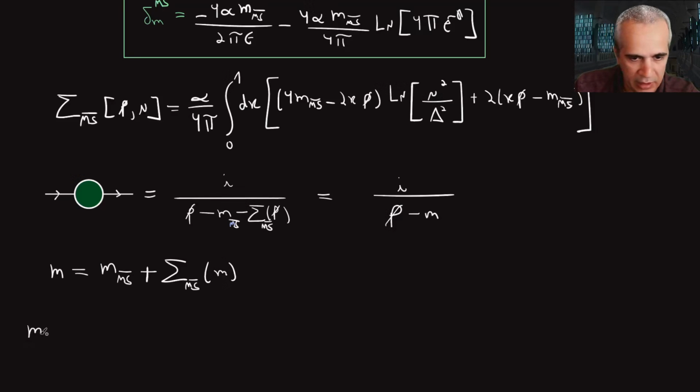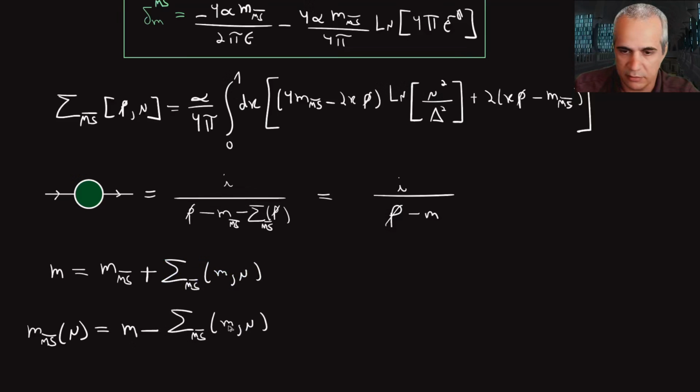So the MS bar mass, of course, this guy depends on mu, right? That's the important part. And this guy does not, because it's a number, this is the physical pole mass. That means that this guy depends on mu, and is given by m minus this, right?